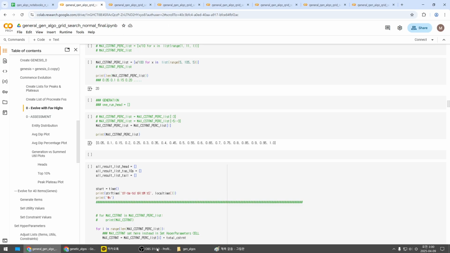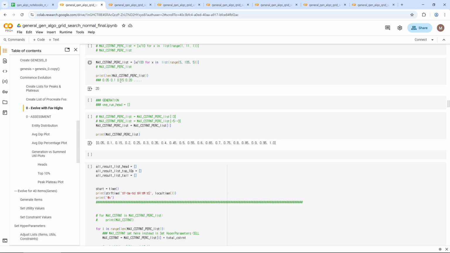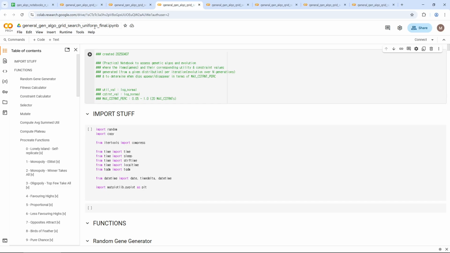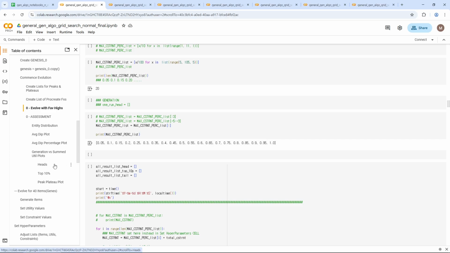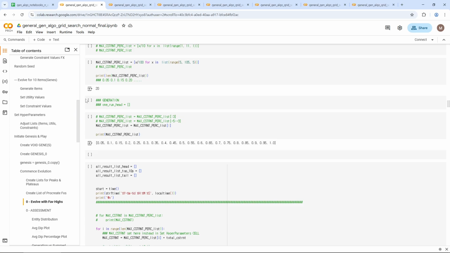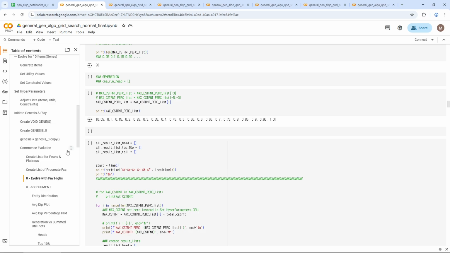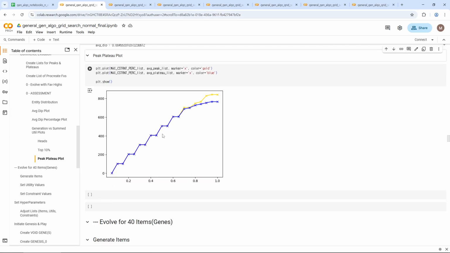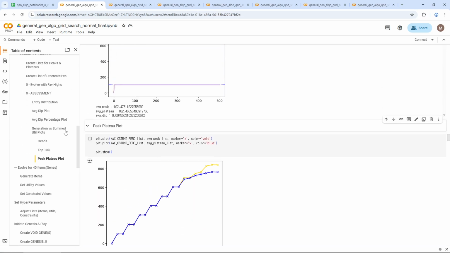In these 7 notebooks, usually titled General Genetic Algorithm Grid Search Normal Final, Log Normal Final, Uniform Final, Exponential Final, von Mises Final, Pareto Final, and Weibull Final, everything's almost the same, and this is just a nicer format.